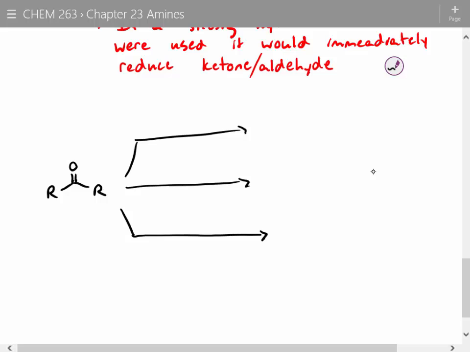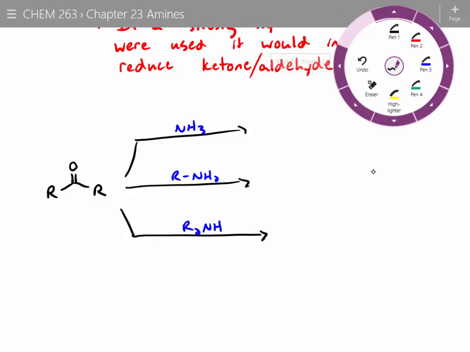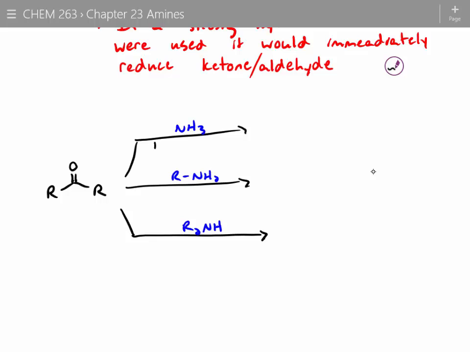Okay, in this first example, you can react it with ammonia. Second example, you could react it with a primary amine. And third example, a secondary amine. And in each case, you can take acid and sodium cyanoborohydride.